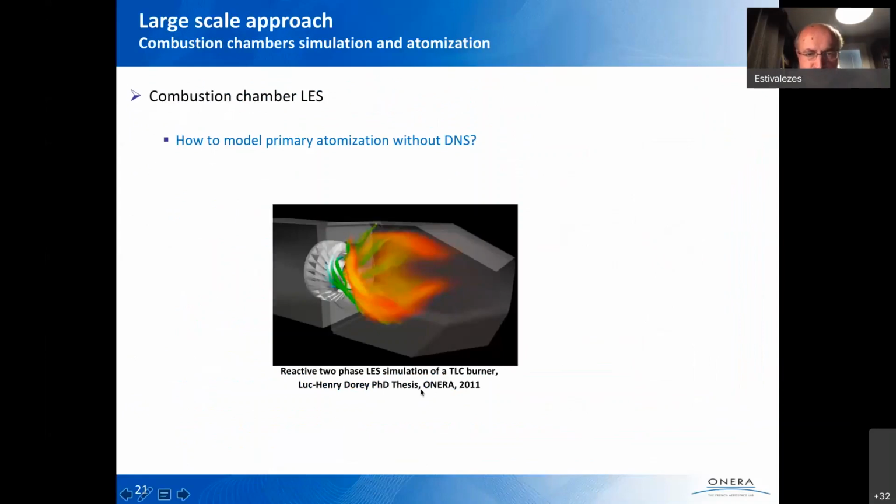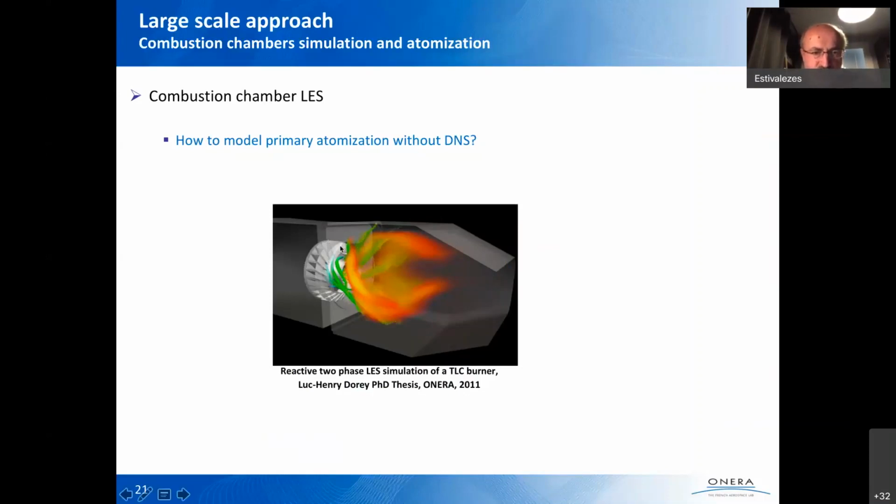So this is an example to show the complexity of the systems. This is really an injector, the TLC injector, and the TLC burner. TLC was a European grant with people from England, Germany, France and Italy, a big grant to improve tools for aeronautics companies for the simulation of internal flow in combustion chambers.